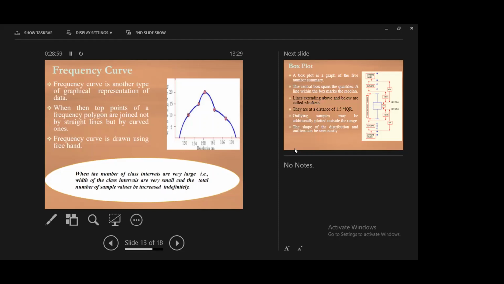Because if your intervals are many, then when you join the points, it will not be a proper straight line. So then it becomes a frequency curve. When you have a data set with many intervals and the size of the interval is small, it's better to use a frequency curve rather than a frequency polygon. Both of them can be used interchangeably depending on your convenience. Okay.